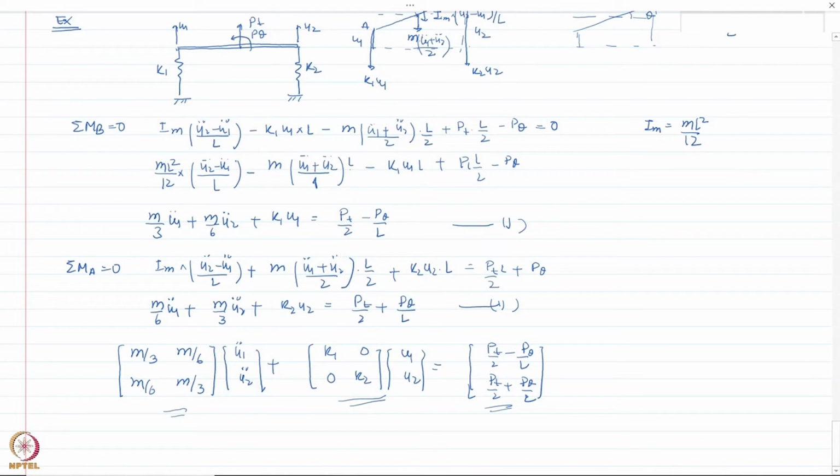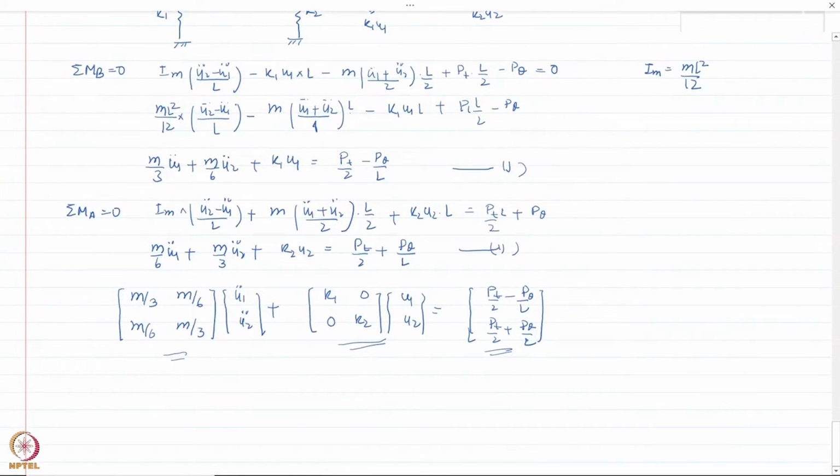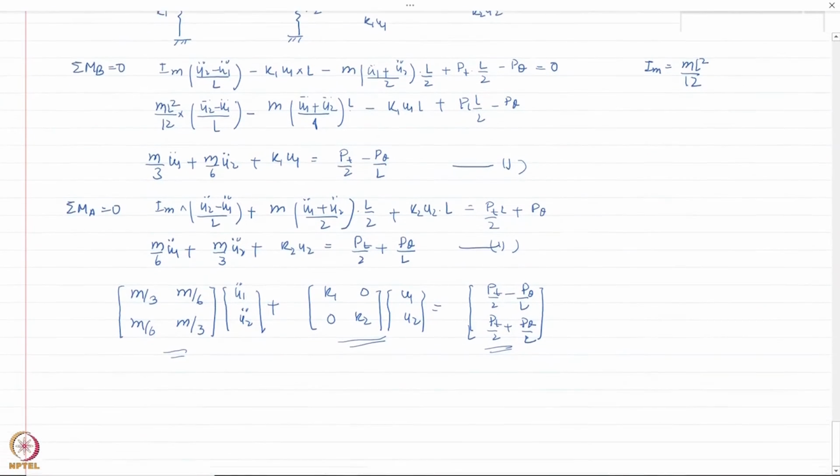But if you look at the displacement here, it does not correspond to a single lumped mass. It's a distributed mass, and it does not correspond to the direction of the applied forces, which are the force and moment, Pt and P theta. That's why we don't get directly a diagonal mass matrix or a force vector that comprises directly the Pt and P theta.